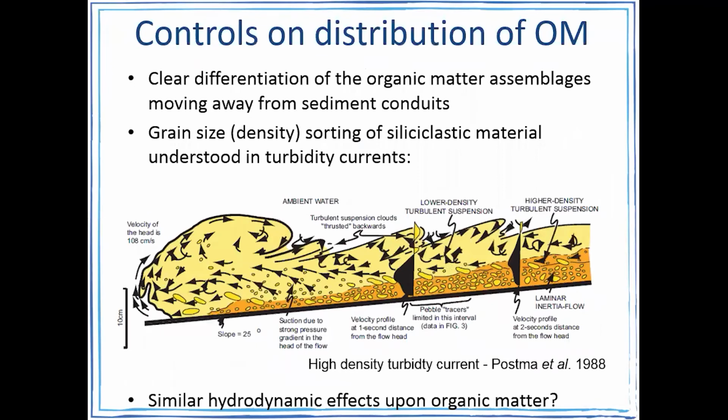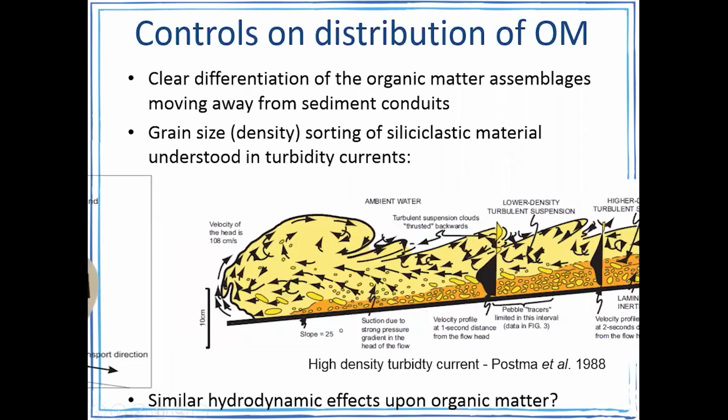So briefly to think about what might be controlling the distribution of the organic matter in these settings, I hope that you've seen a clear differentiation of the organic matter assemblages as we move away from sediment conduits. And with our siliciclastic component, the grain size essentially is often a function of density and sorting of siliciclastic material. That's quite well understood within turbidity currents.